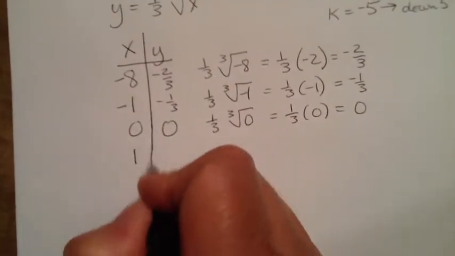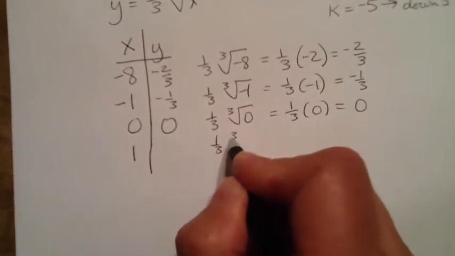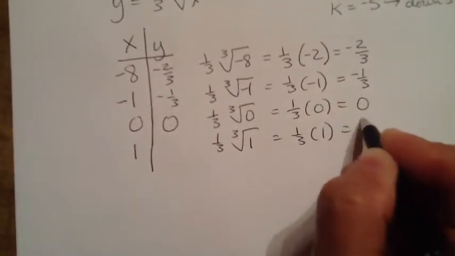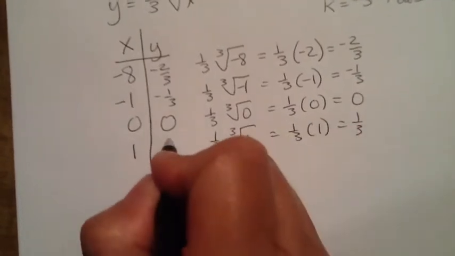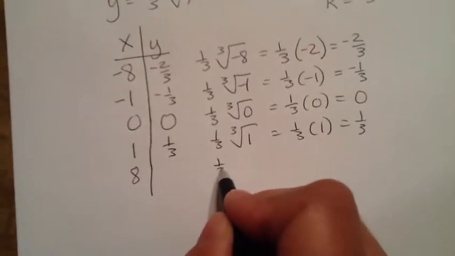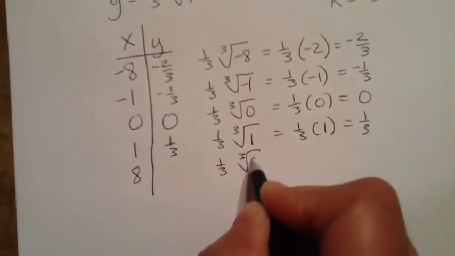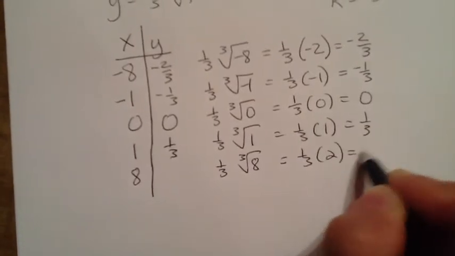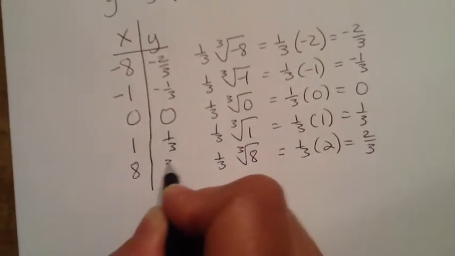We'll put in 1. 1/3 cube root of 1 is 1/3 times 1, which is 1/3. Let's put in 8 again. 1/3 cube root of 8 is the same thing as 1/3 times 2, which is 2/3.